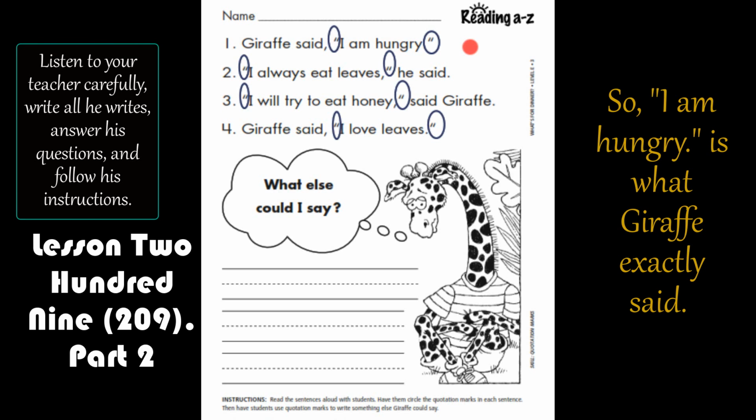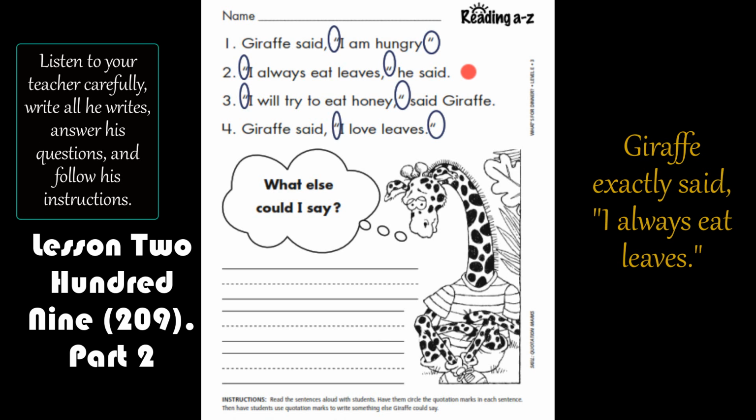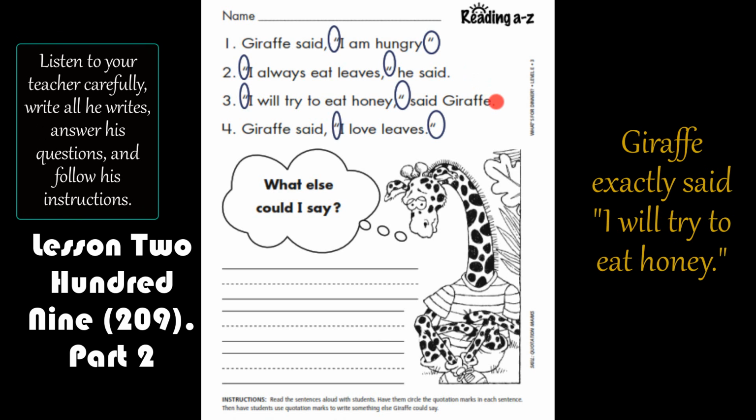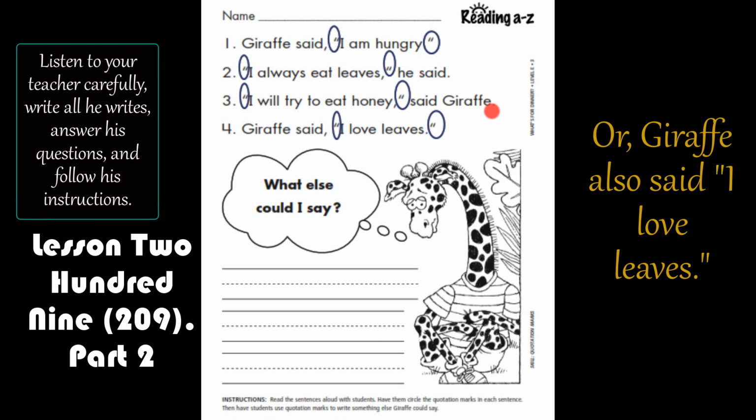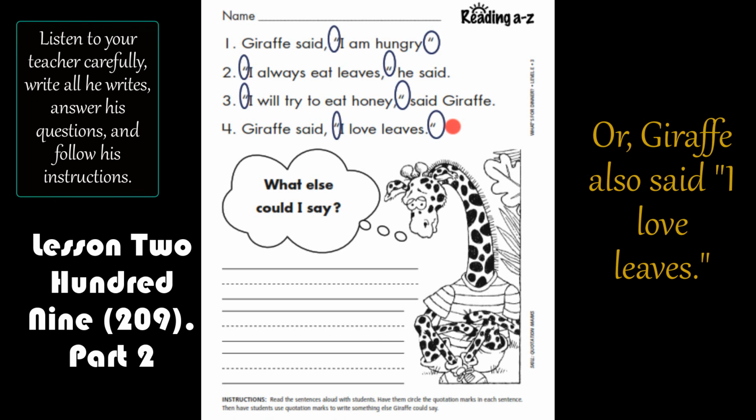So, "I am hungry" is what Giraffe exactly said. Giraffe exactly said, "I always eat leaves." Giraffe exactly said, "I will try to eat honey." Or Giraffe also said, "I love leaves."